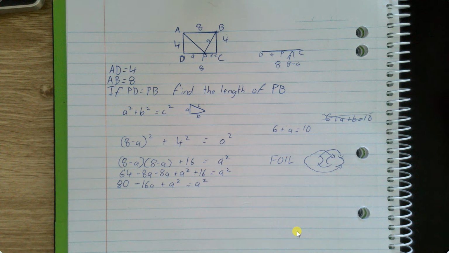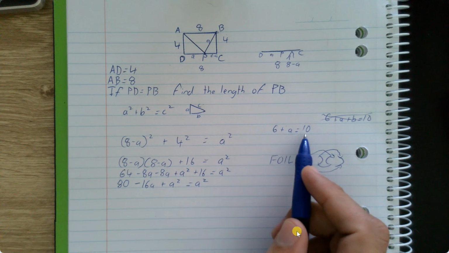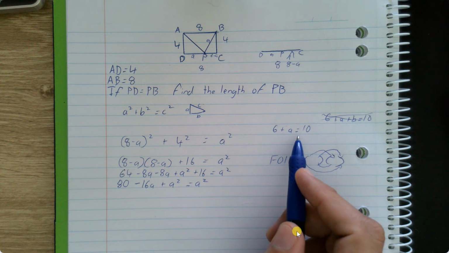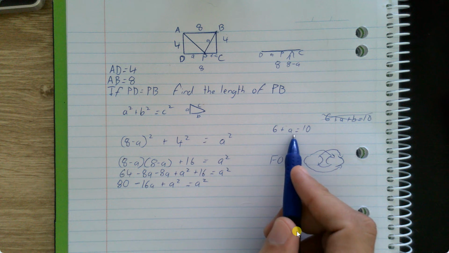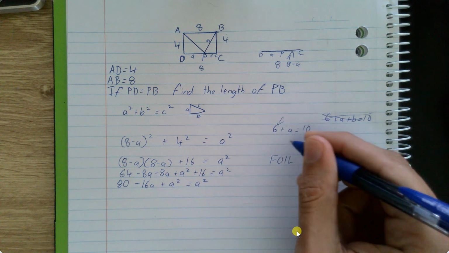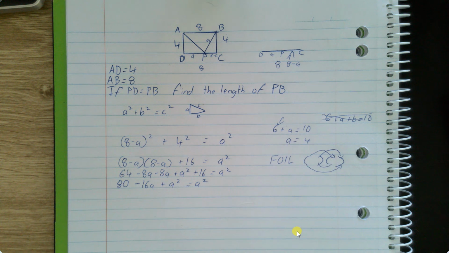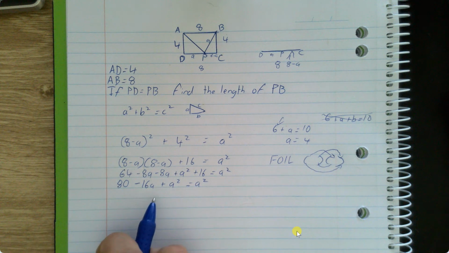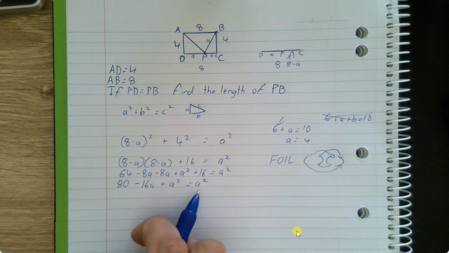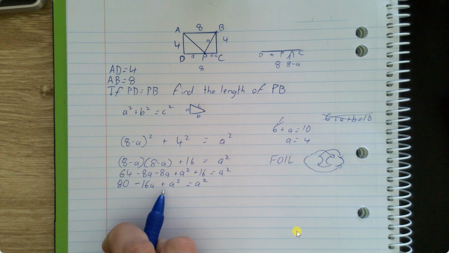Now, just like with something as simple as this one over here, the key to being able to solve this is to get a by itself. So for this one, we end up subtracting that from both sides to end up getting this. Easy enough. We've got to do the same sort of thing here. So we've got an a squared there, and we've got an a squared there. I want them to be on the same side.